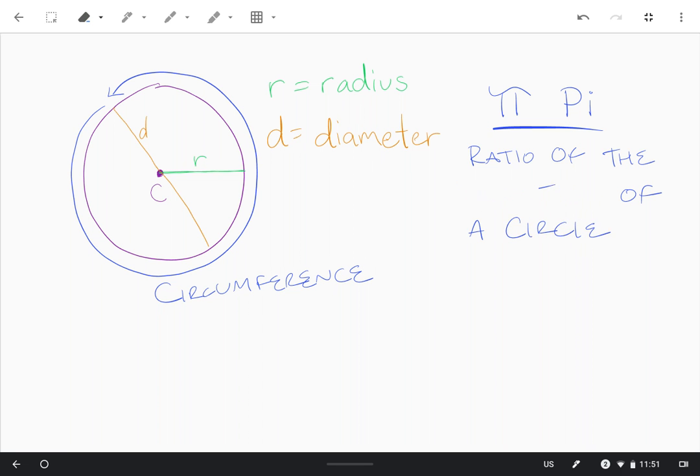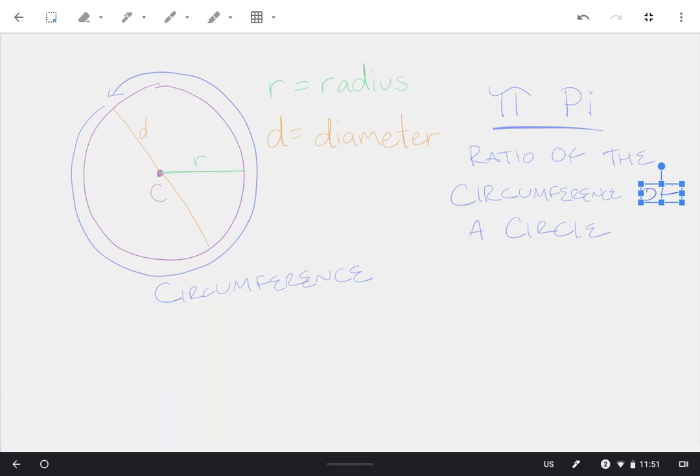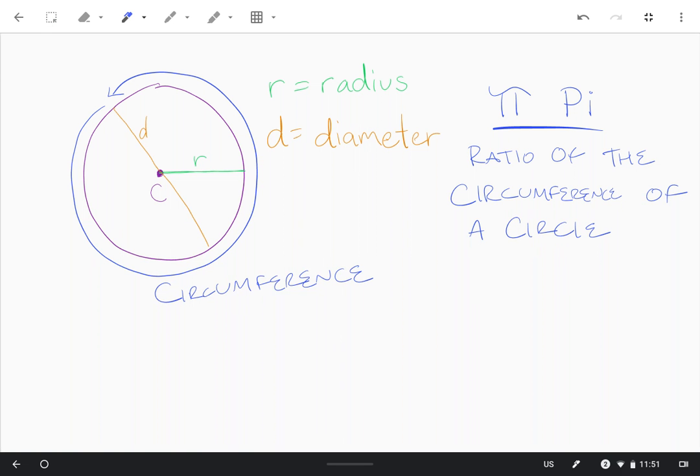The definition of pi is that it is the ratio of the circumference of a circle to its diameter. In other words, if I take the distance around the circle you see here in blue and I divide it by the orange, the diameter, I get a value of pi.